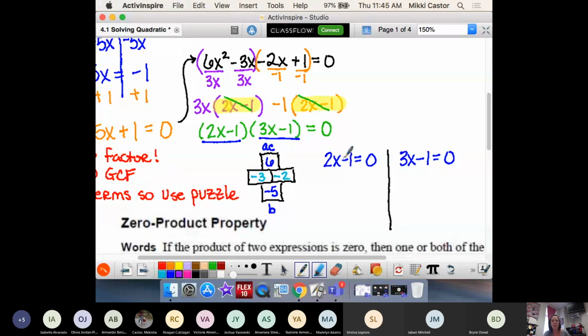So on this one, I would add the 1 over, so 2x equals 1, divide both sides by 2, so x equals 1/2. Over here, add the 1 over, so 3x equals 1, divide both sides by 3, so x equals 1/3.